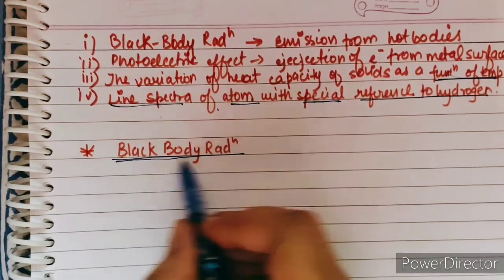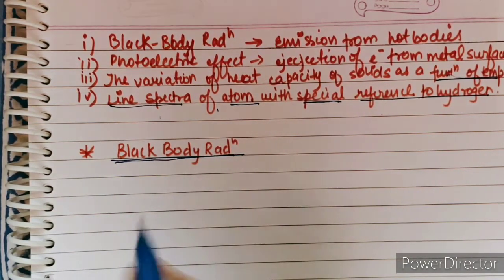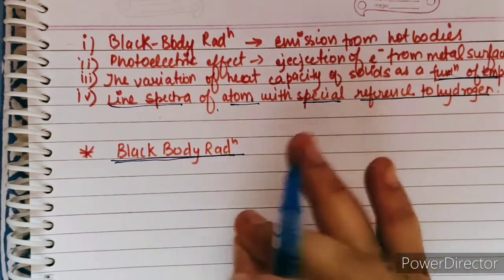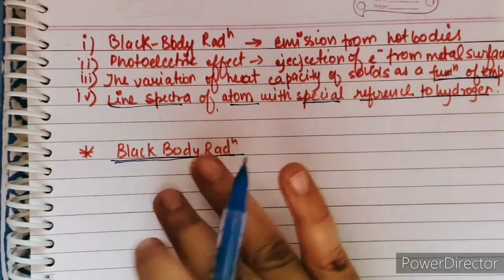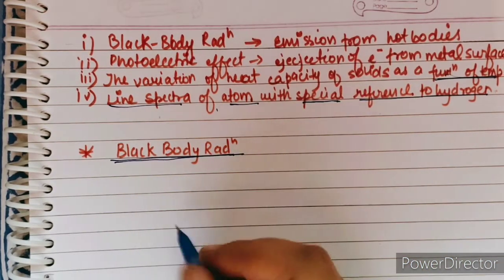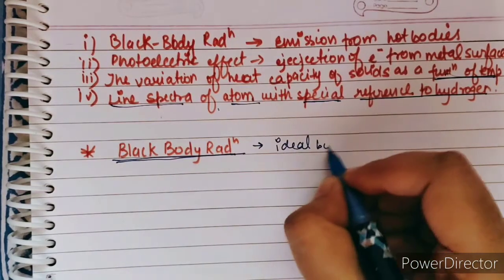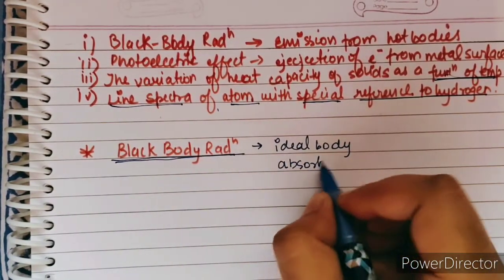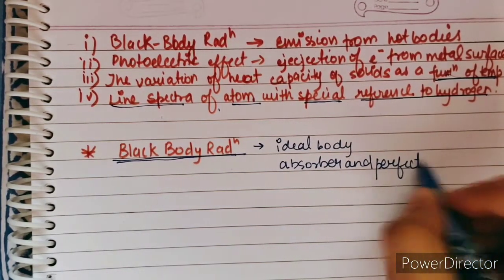is black body radiation. An ideal body which is a perfect absorber and perfect emitter of radiation is called a black body. The radiation emitted by such a body is called black body radiation. So we can say that black bodies are ideal bodies and they are perfect absorbers and perfect emitters. The condition should be that it is an ideal body, a good absorber and a perfect emitter.